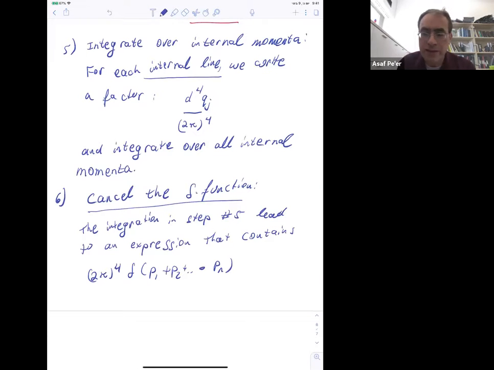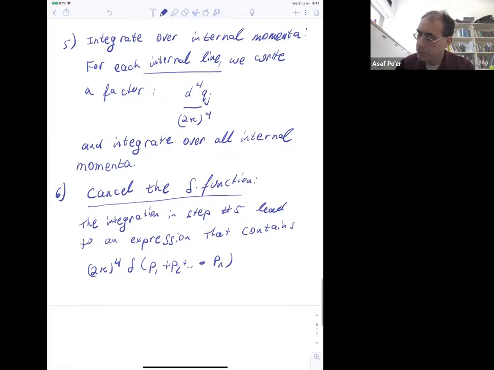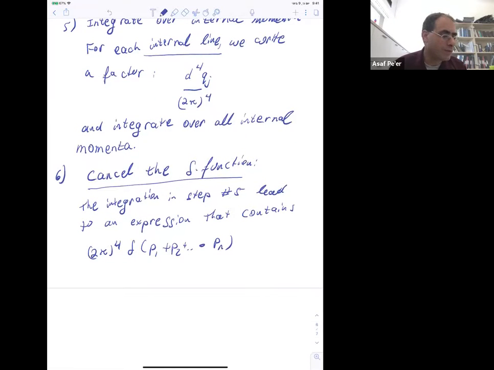This represents global conservation of momentum, energy and momentum, since it's a four-momentum. So we simply erase this factor.